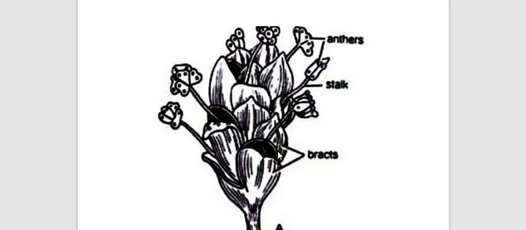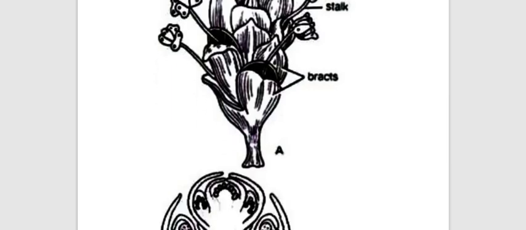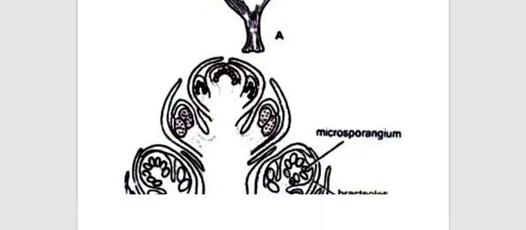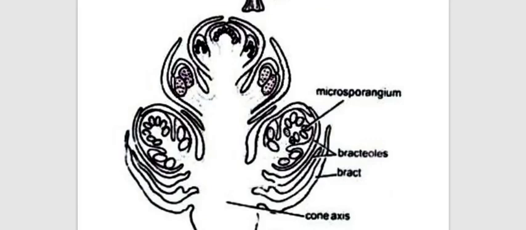And when this microsporangiate shoot becomes mature at the time of pollination, it elongates and carries the microsporangia away from these bracts and the bracteoles which are present at the base of the flower.